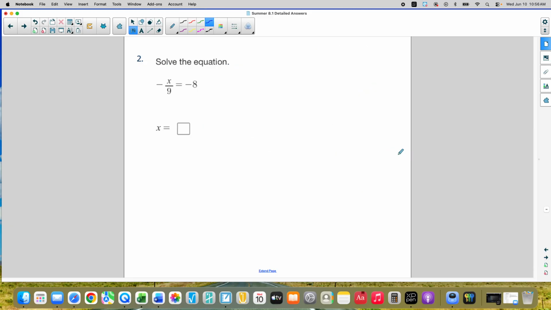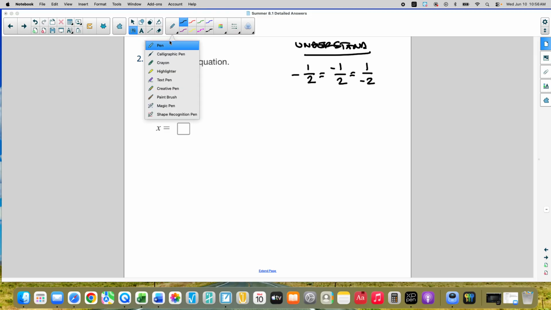Let's look at number 2. Okay, this subtraction sign, this negative, this is very important. We need to understand this key concept that negative 1/2 is equal to negative 1 over 2, which is equal to 1 over negative 2.